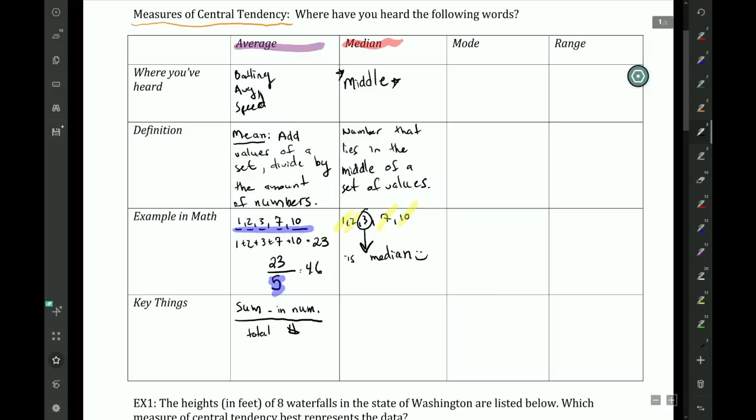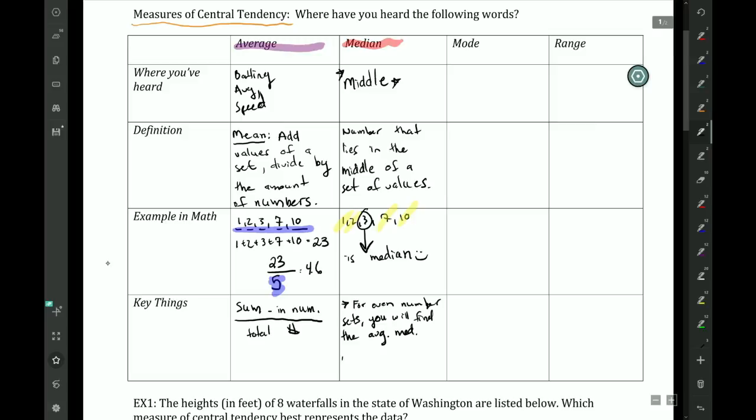Okay. Key things for even number sets, you will have to find the average median. We'll talk about that more in class.